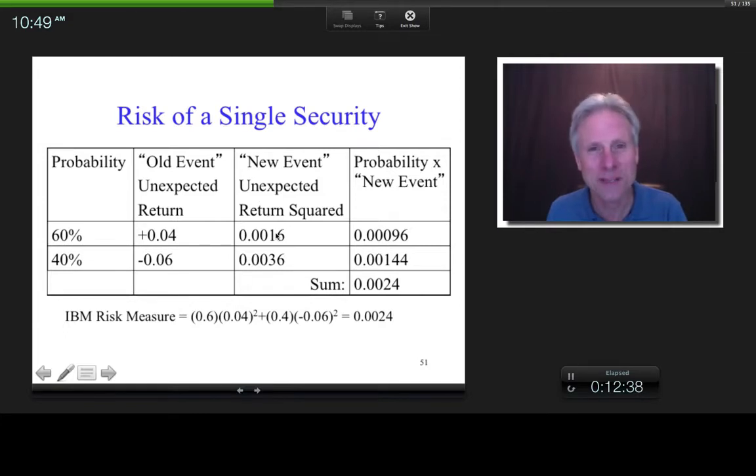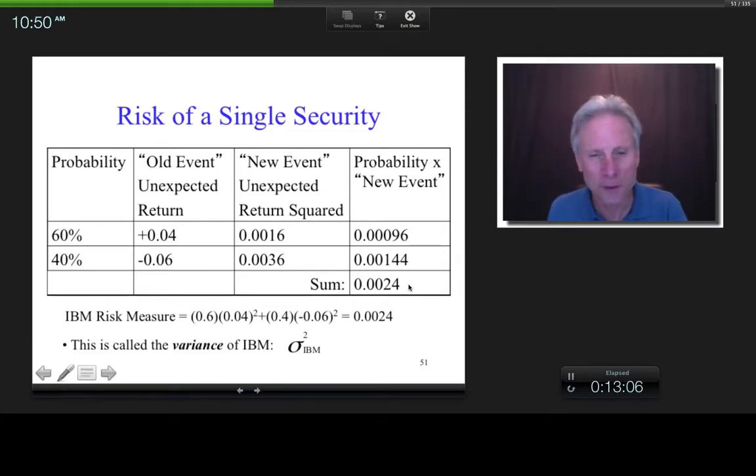Could I apply the expectations operator? I could, right? So when I take this 60% and multiply it by that, I get that. Take this 40%, multiply it by that, and I get that. I add them up and I get 0.0024. And that is what is called the variance of IBM. That's just the name of the formula. They could have called it George.